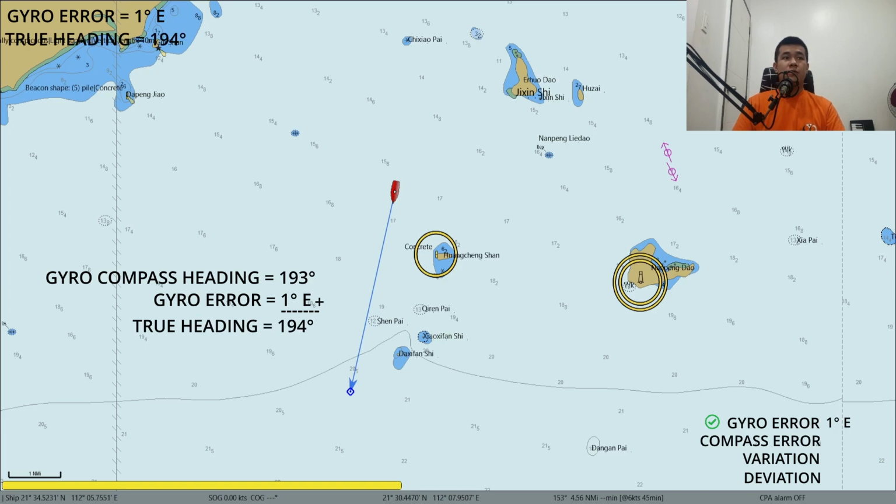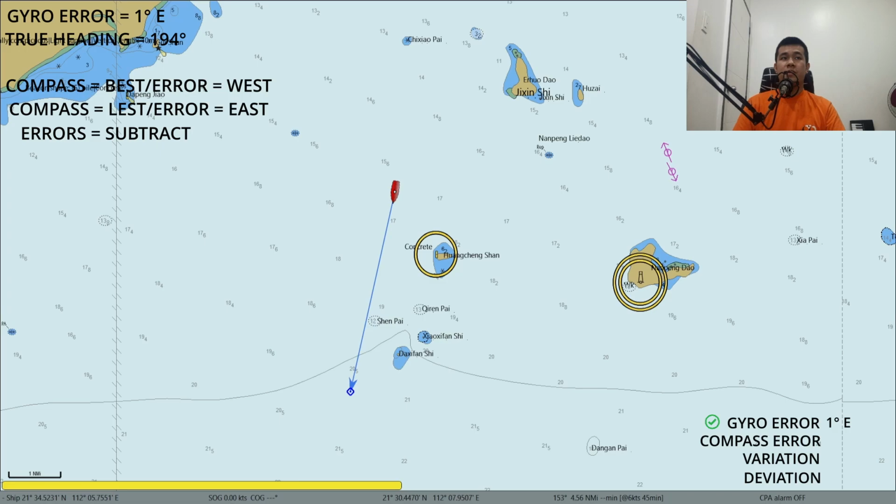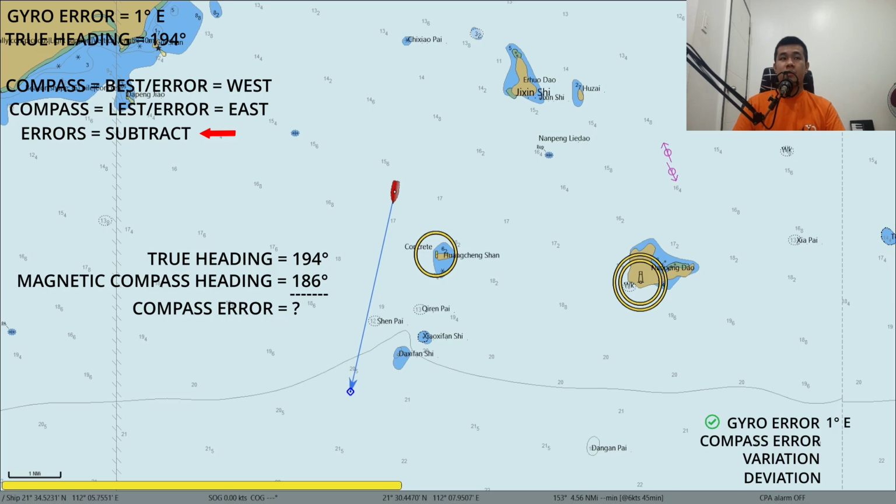Now that we have our true heading of 194 degrees and magnetic compass heading, we can now solve for compass error. Again, for errors, we will use subtraction. True heading of 194 degrees minus magnetic heading of 186 degrees is equal to 8 degrees east. Why east? It's because of compass best, error west, and compass least, error east.